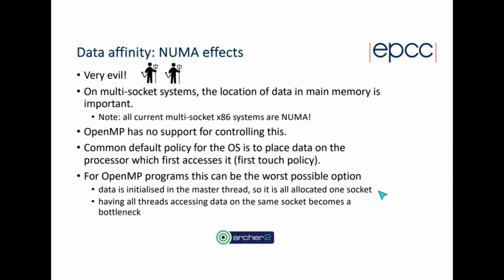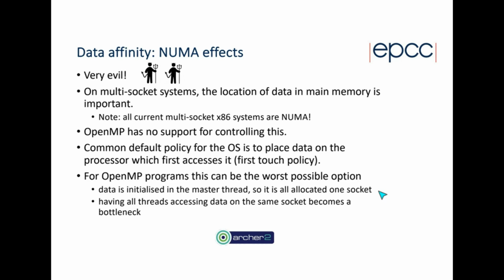It's entirely possible that all your data initialization happens in the master thread. It's not parallelized, and then all your data gets allocated into one NUMA domain, and having all threads access the data in the same socket becomes a major bottleneck. It's mostly a memory bandwidth issue. Memory bandwidth is at a premium and is the limiting factor for a lot of applications.